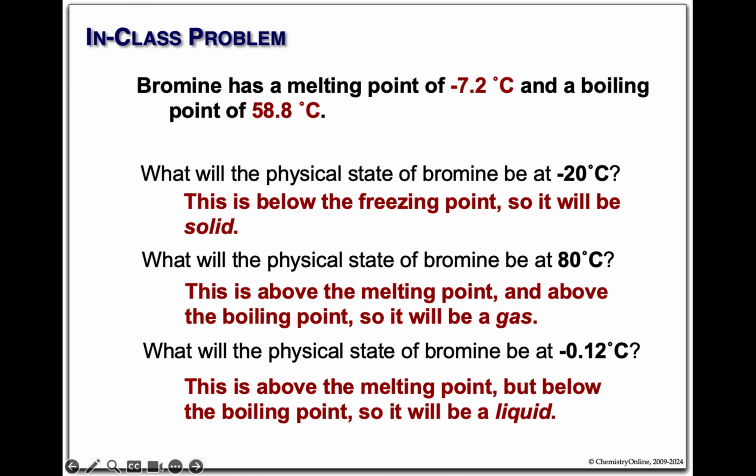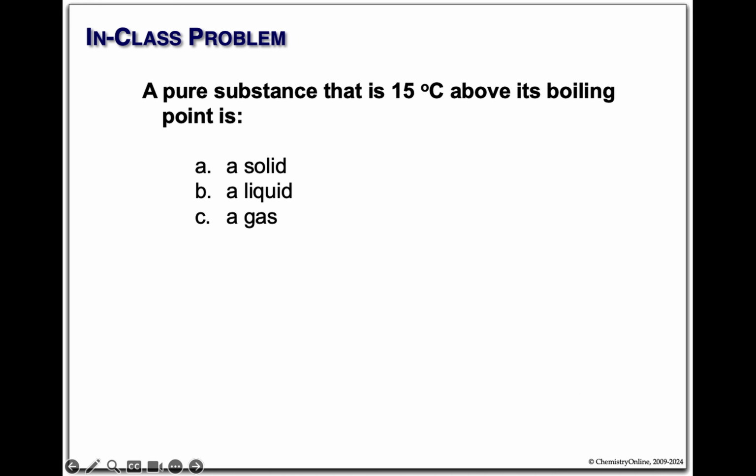Now, once again, I put a very simple question on an exam and my class let me down. It was based on something like this. Here we have a substance that's 15 degrees above its boiling point. What is it? Everybody could get that, right? Half the class missed it.